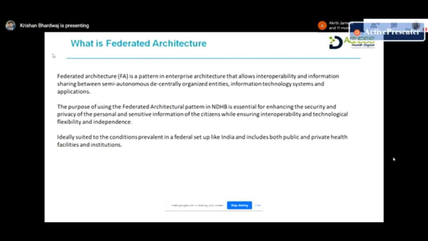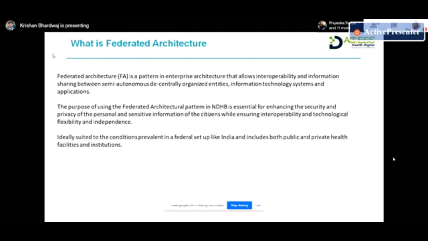Because given the size of a country like India, we cannot assume that one exchange will be tying up all the organizations together. Your data will be residing with the respective hospitals, be it public or private. You cannot expect that one single exchange will be enough to integrate all these different provider organizations, payer organizations, everything together. You need multiple exchanges, and you need sort of a federation among the exchanges.